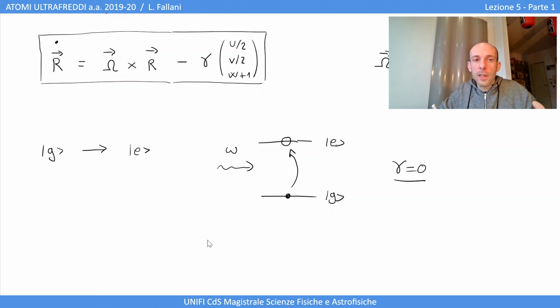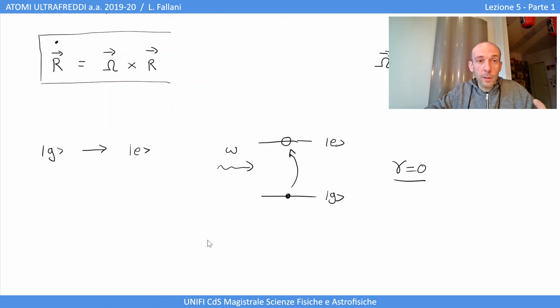So suppose that E is stable, and so that we don't have this additional term in the evolution equation for the Bloch vector.